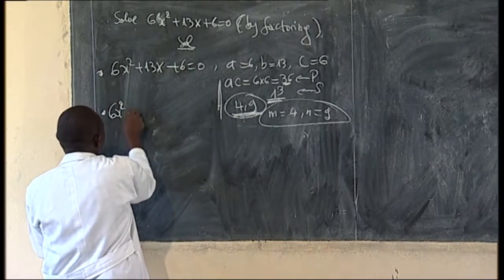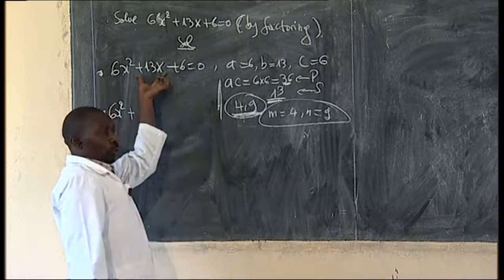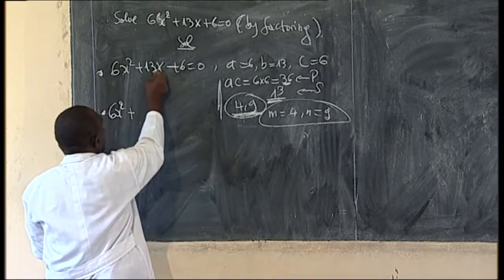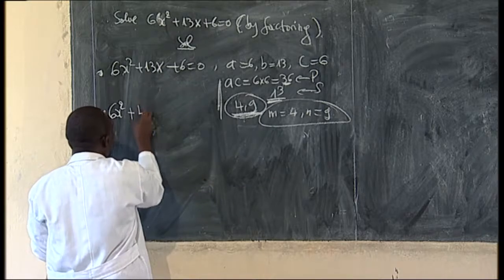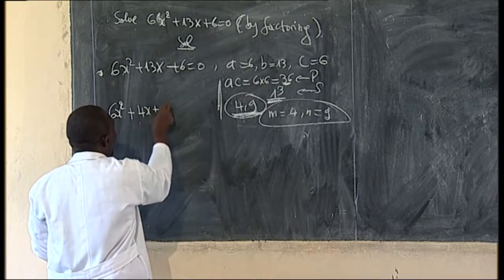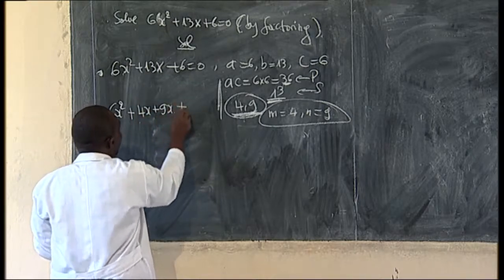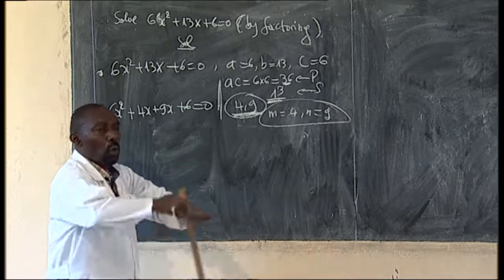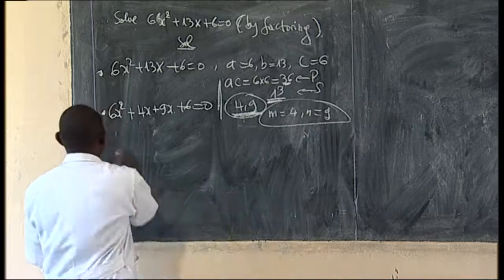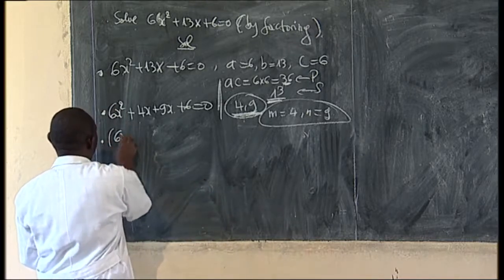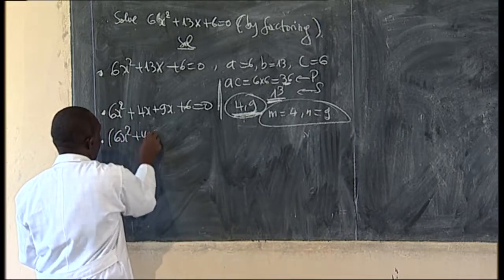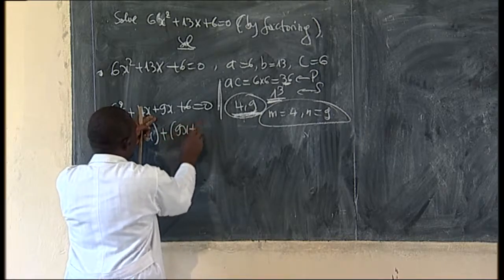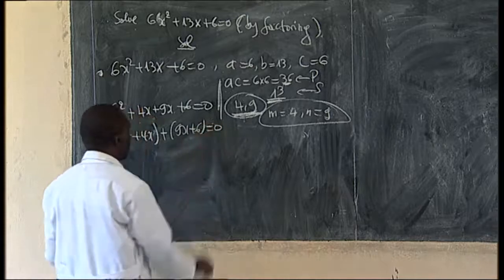All right. Now, as it is factorable, I can have 6x squared. I'm going to split the middle term, so 13x is equal to 4x plus 9x, then plus 6, which is equal to 0. And then I'm going to group. So 6x squared plus 4x, then plus 9x plus 6 equals 0.